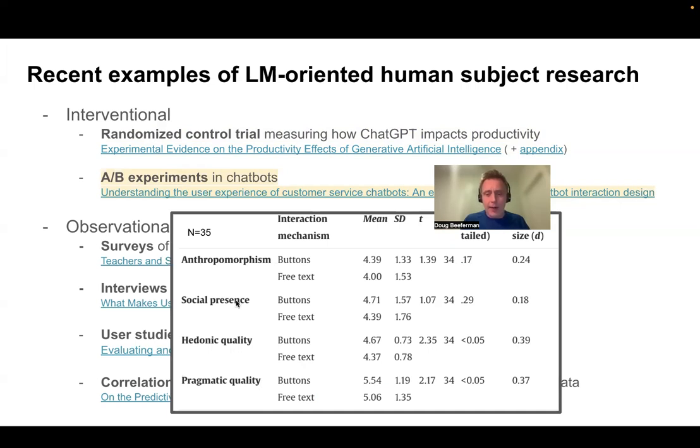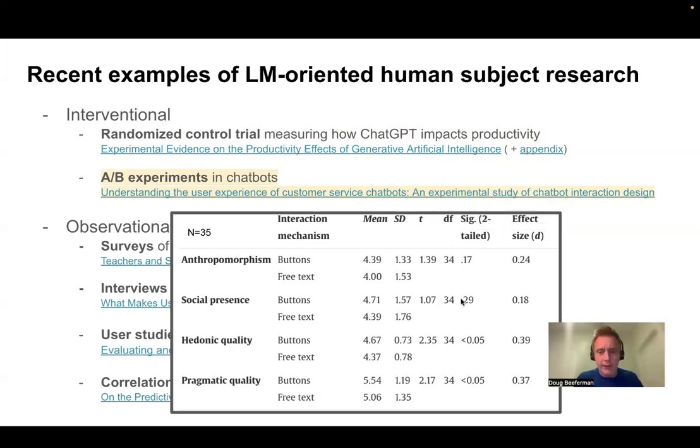So the paper that I've chosen to highlight for this category, which you can click on and read if you're interested, is fairly recent, I think a couple of years ago, pre-ChatGPT, about understanding the user experience of customer service chatbots. This asked about different user experience design choices for chatbots and how they impacted the preferences of users.